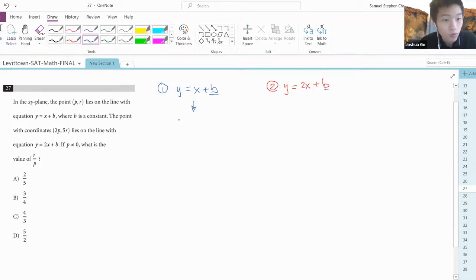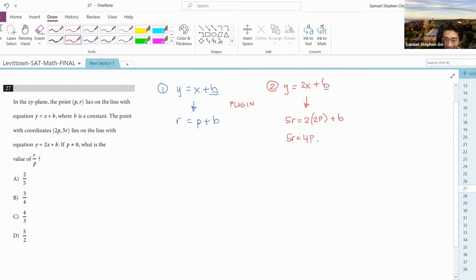For the first equation, we plug in p for x and r for y. So we have r equals p plus b. In the same manner, for the second equation, we get 5r equals 2 times 2p plus b. Let's quickly multiply that out and get 5r equals 4p plus b.